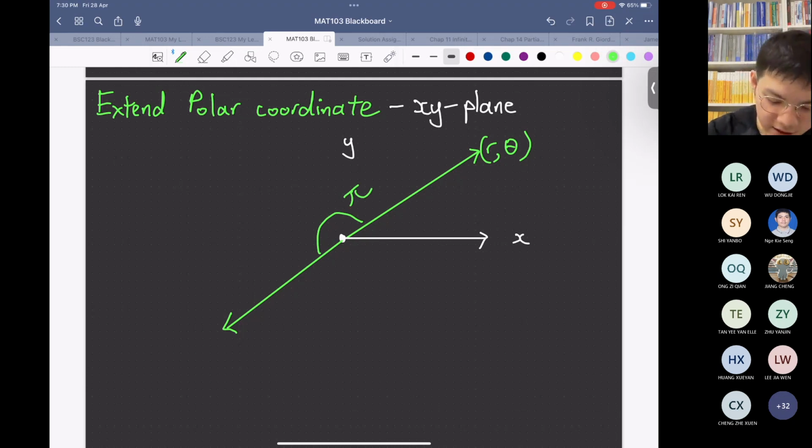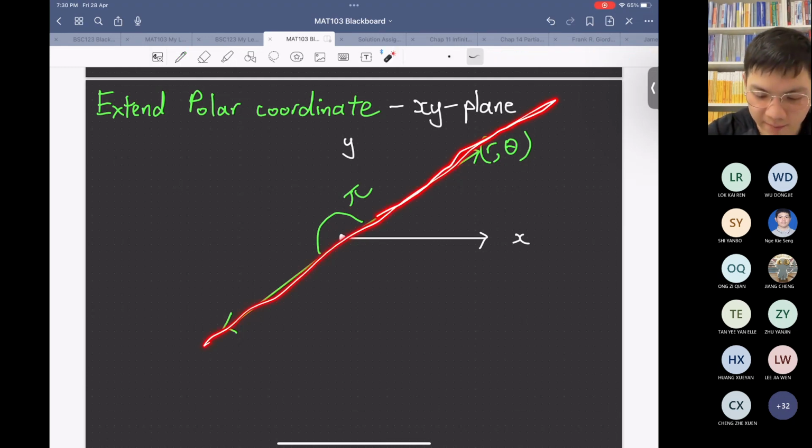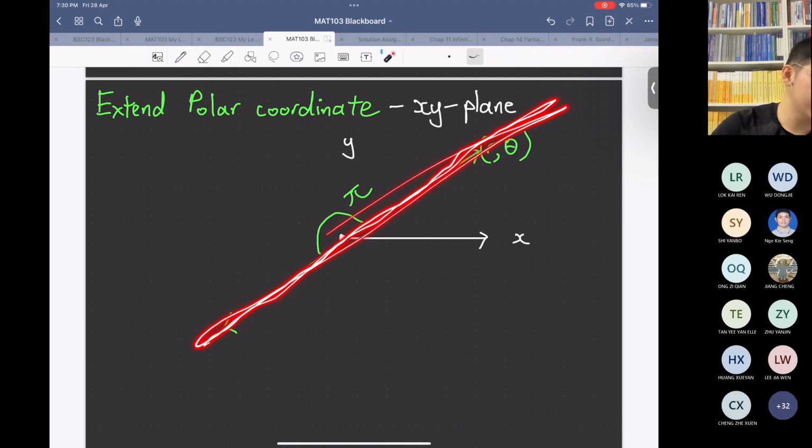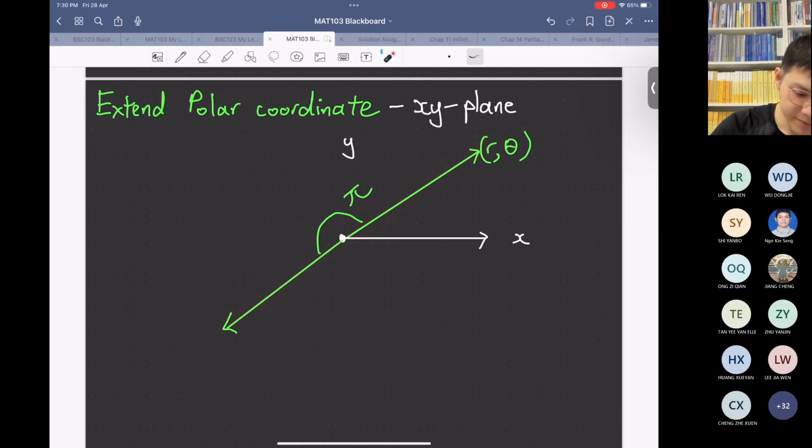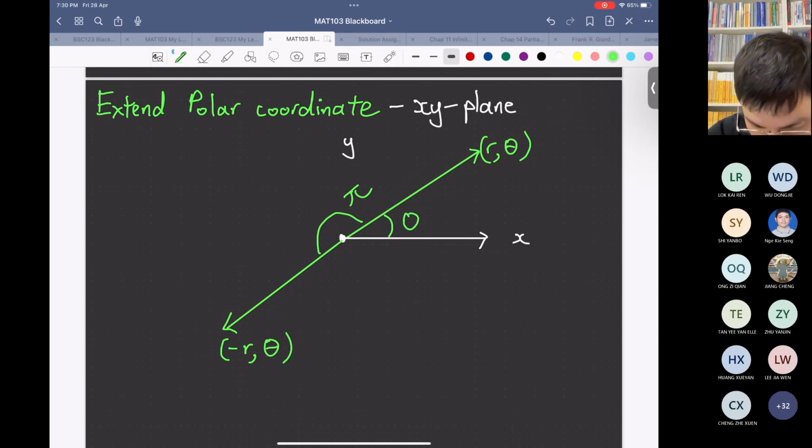Really they lie on the same line, but in the opposite direction. In this case, we will call it (minus r, theta) again. So what's the theta here? Theta is the basic angle here. Does it make sense?